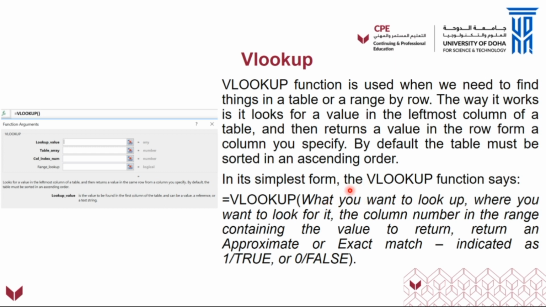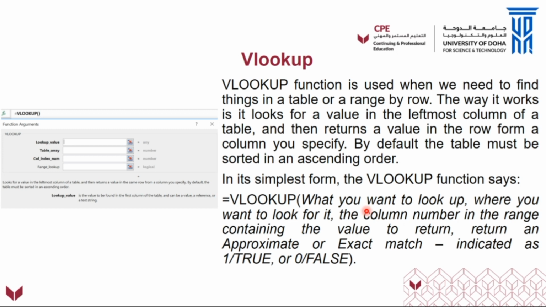So the value that you want to look up, where you want to look for it, the second table in our case, and the column number in the range containing the value to return.